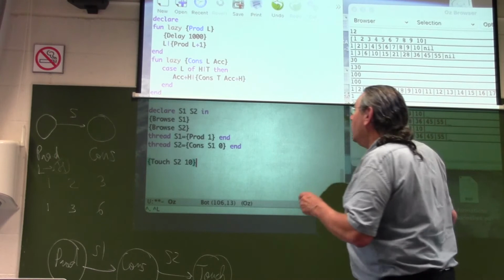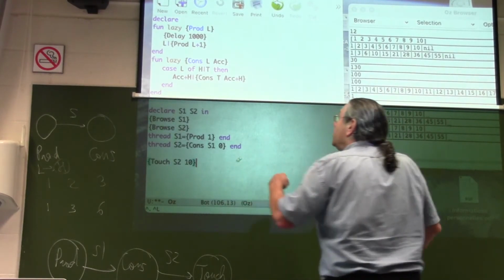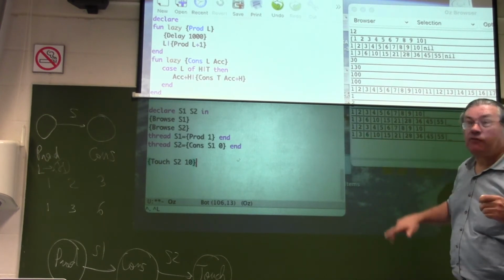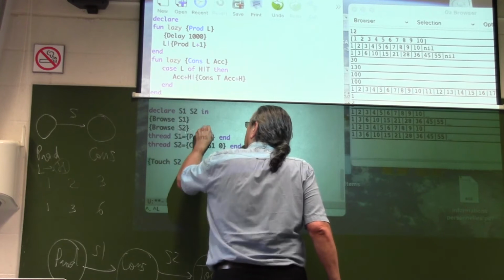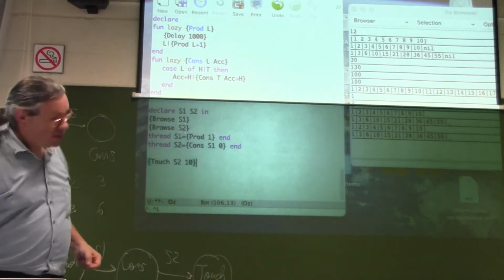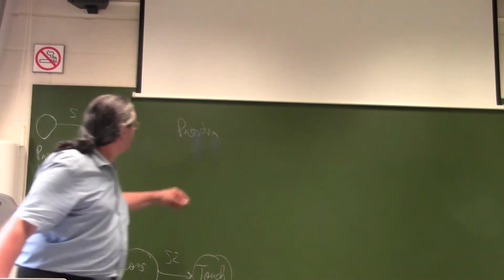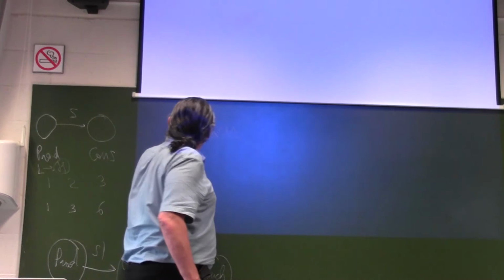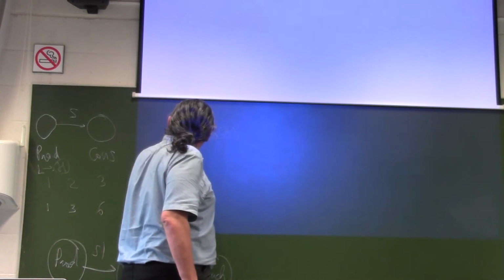So I have a producer and a consumer. So let me translate them into kernel language. So the producer looks like this. Actually, this is probably not going to work so well. Yeah, that's better. So the producer is going to look like this.